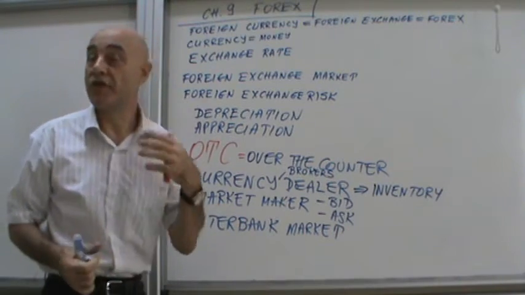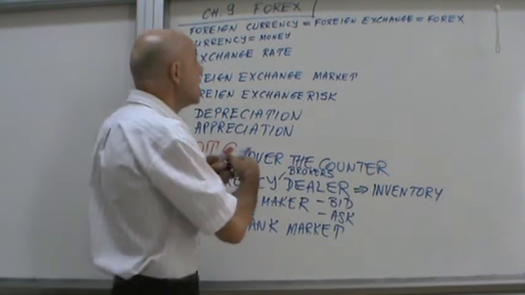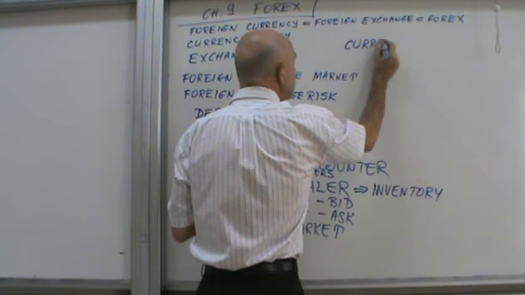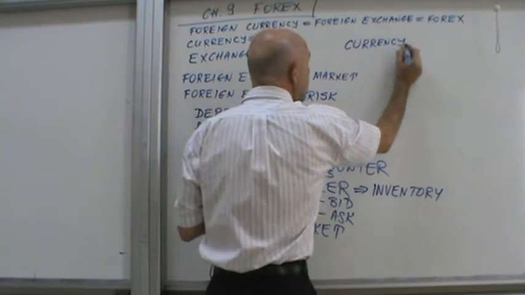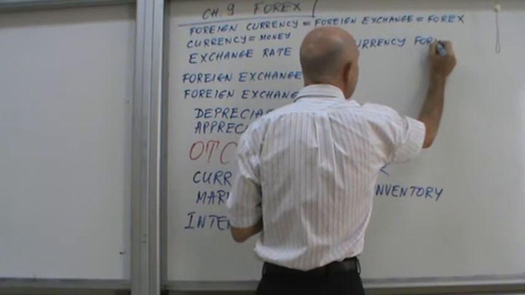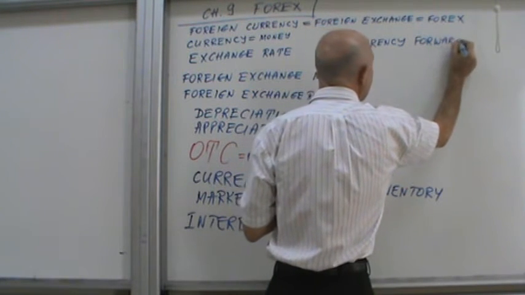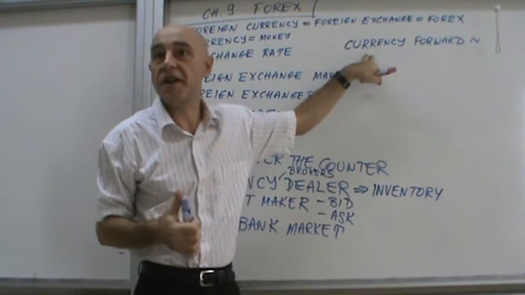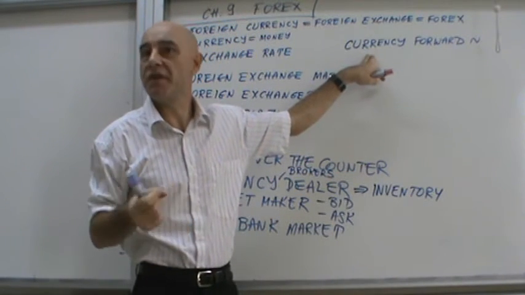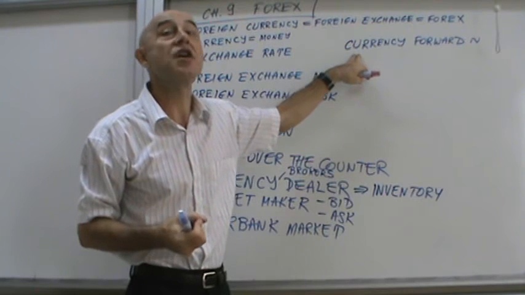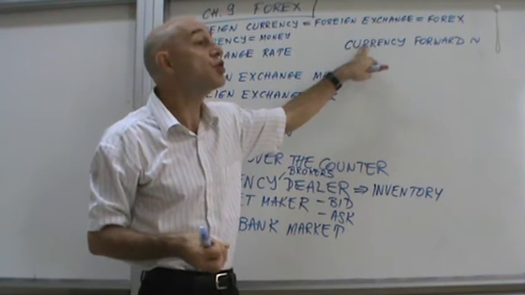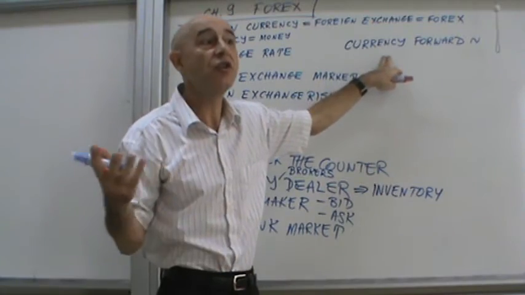Then, over time, you get what's called a currency forward market. A currency forward market is more of a derivative market. It's where you fix an exchange rate today to make the exchange in the future.